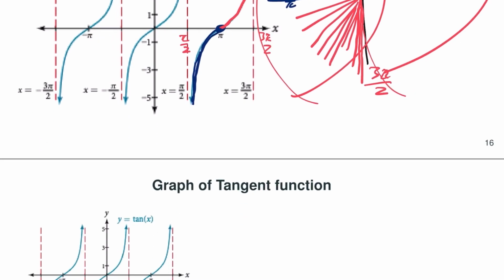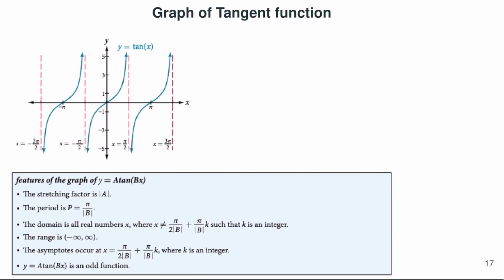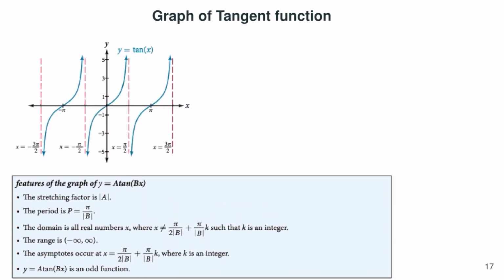Okay. So what are some characteristics of the tangent function? It has a stretching factor of absolute value of a. We don't call it amplitude, we call it stretching factor for the tangent function. And the period formula is different. It's pi over absolute value of b. Not 2 pi like sine and cosine, it's pi, because the period of the tangent function itself is pi. The domain is not always all real numbers.